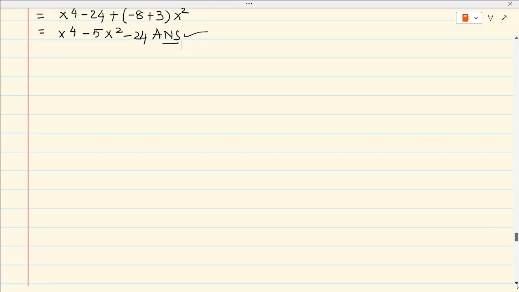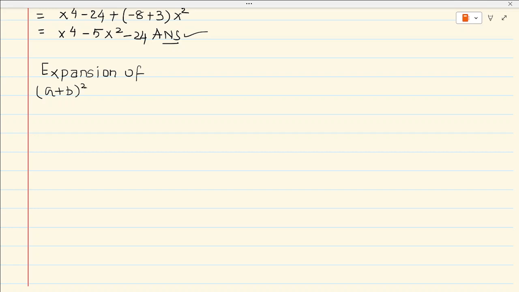Okay, let us take up some examples. If we were asked to expand, as we know, we have studied the expansions of a plus b whole square in our earlier classes.